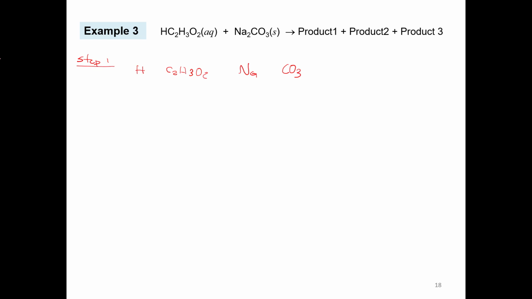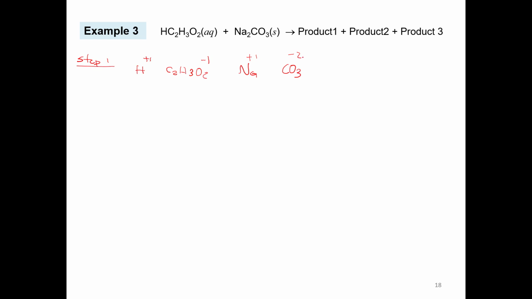Now we need to check the charge for each ion. Then hydrogen, we know is +1. Let me write better. For acetate, we know is -1. For sodium is +1. And for carbonate is -2.